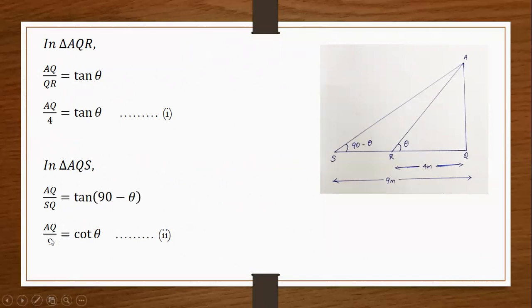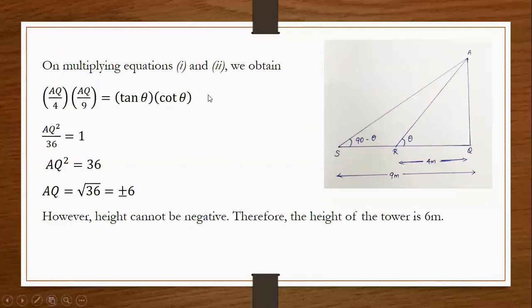So now AQ by SQ is AQ by 9, which is the second equation. Now on multiplying equations 1 and 2, we obtain AQ by 4 into AQ by 9 equal to tan theta into cot theta. Tan theta and cot theta are reciprocals of each other, so they both would get cancelled and we'll get 1 over here. AQ square by 36 equals 1, so AQ square is 36.